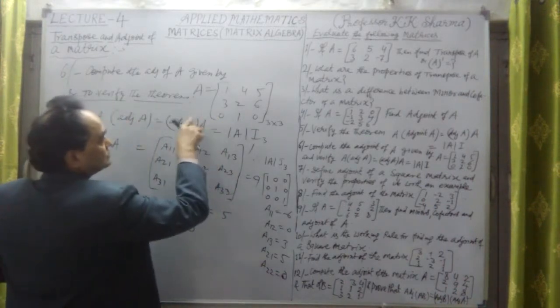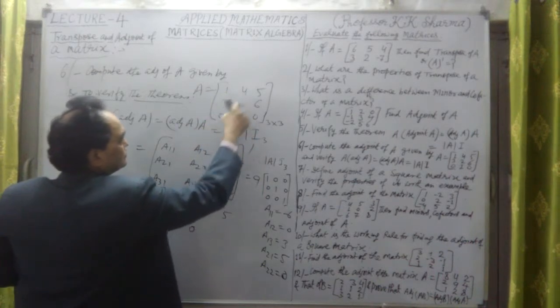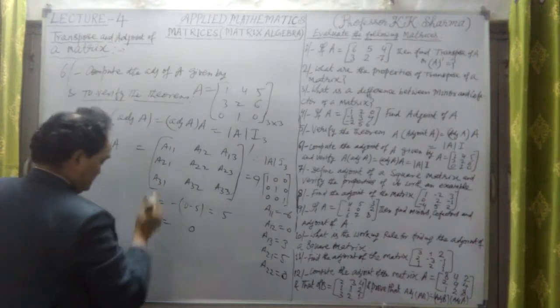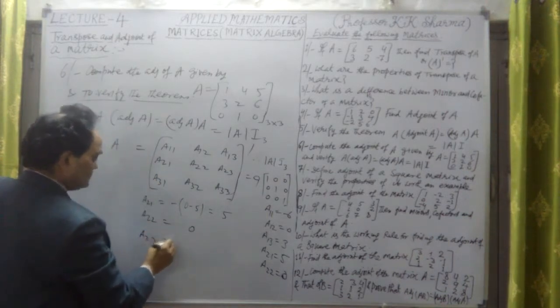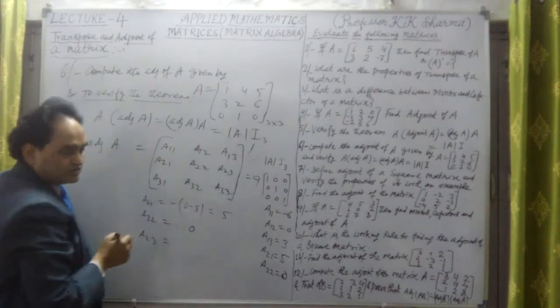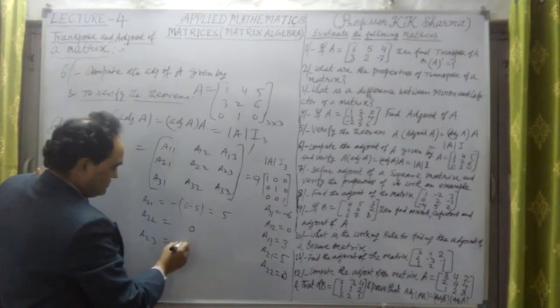Because 1 into 0 is 0, and 0 into 5 is 0. So A22 is 0. Now A23, the cofactor of 6, is negative because 2 plus 3 is 5, and minus 1 to the power 5 is an odd number, so it will be negative.